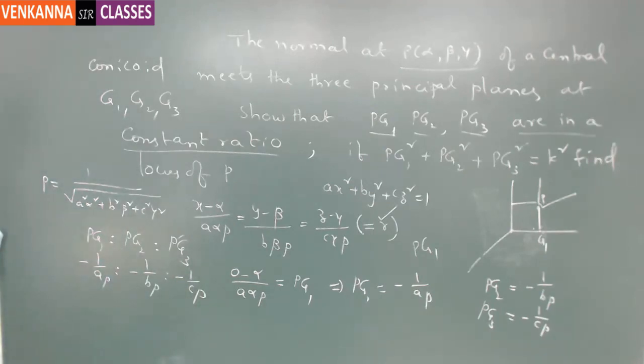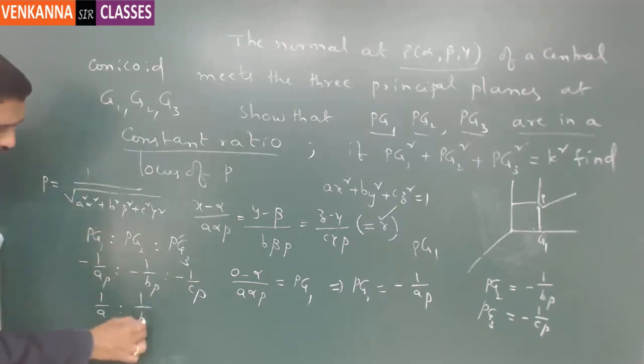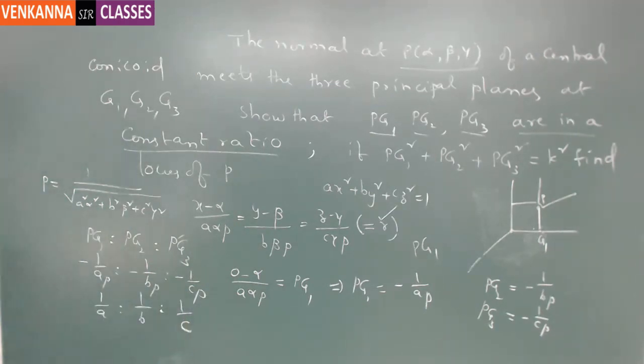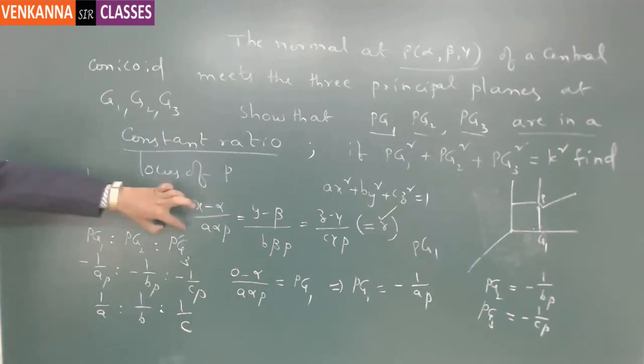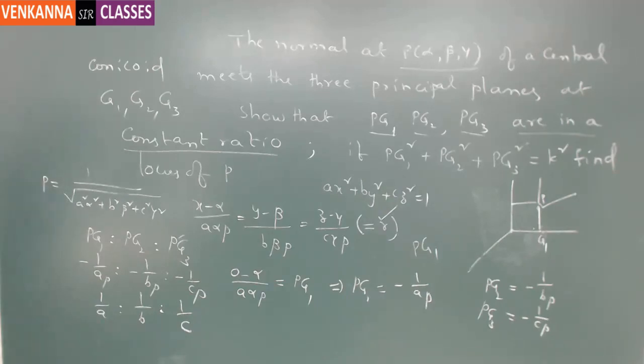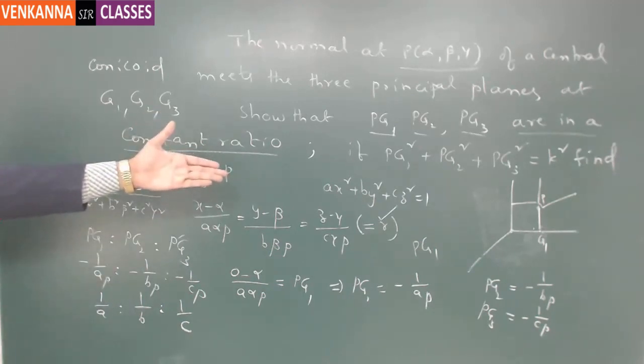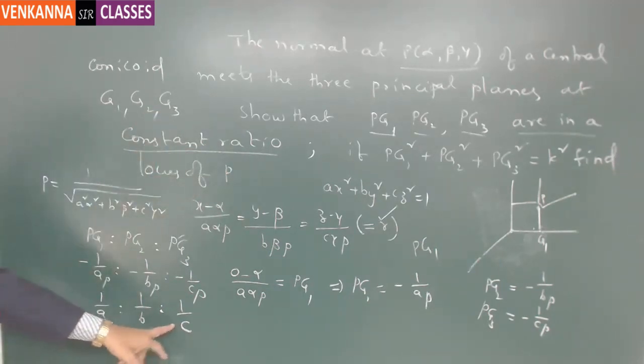So cancelling the negative symbol and P itself, it is nothing but 1 by A is to 1 by B is to 1 by C. So the distances are in a constant ratio. Okay? Why? Because ABC are nothing but the constant values in the conicoid. So since ABC are constants, the ratio is a constant here. Clear for everyone? The first part of the problem. Please take a note of that.